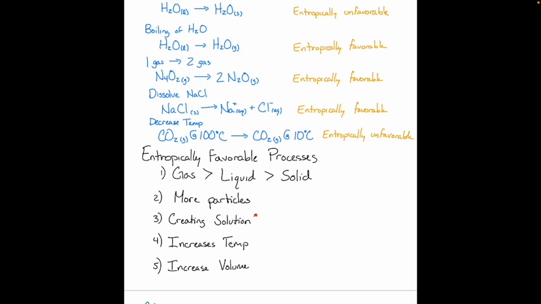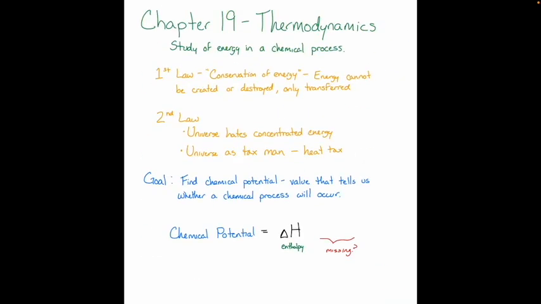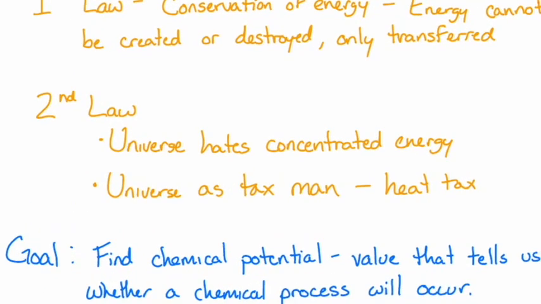All right, so these big brain scientists back in the 1800s, they stumbled upon this enthalpy thing. They studied it for a while. It couldn't be the whole story. They realized that there's this entropy contribution as well. So now we can go back and formalize our second law of thermodynamics here.